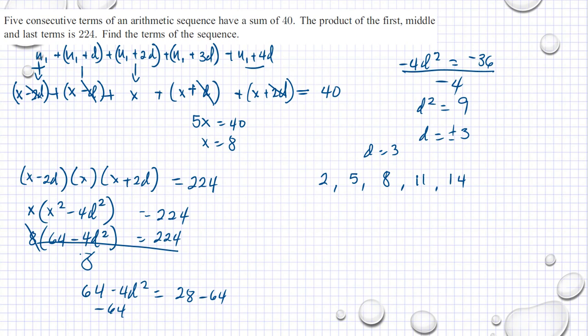If you add that, I hope you will get 40. The other is, if we subtract, we have 14, 11, 8, 5, and 2. The same, but in reverse order.